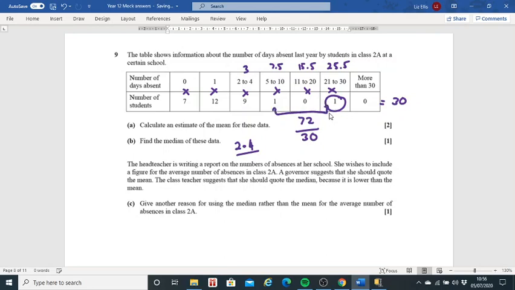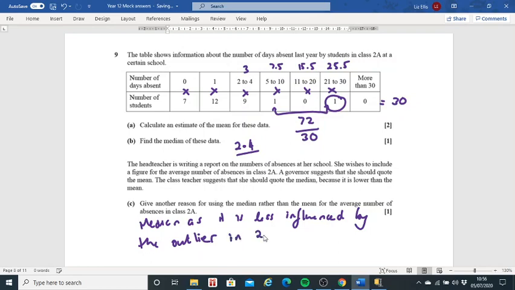Now, they were very picky in the mark scheme about this one. You had to say we'd use the median as it is less influenced by the outlier. And now here comes the clincher, the problem.